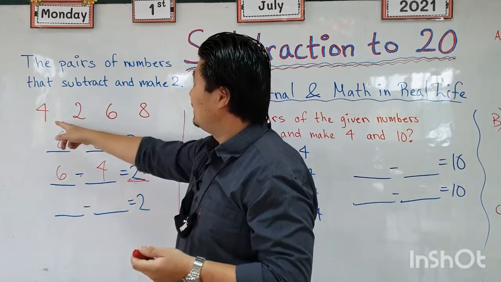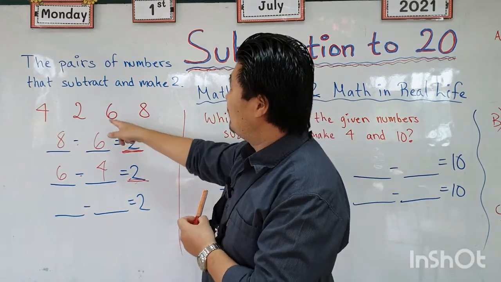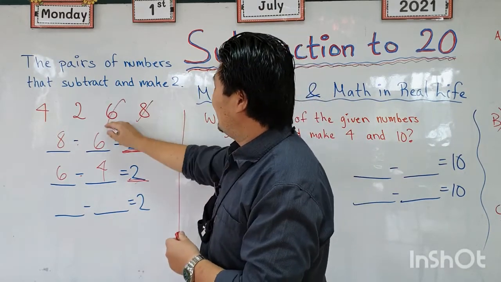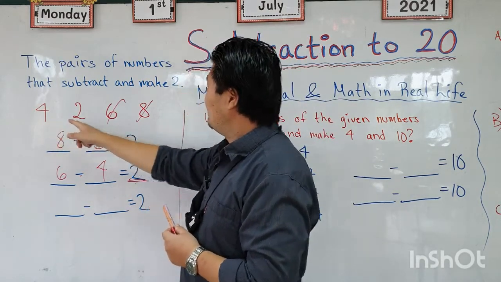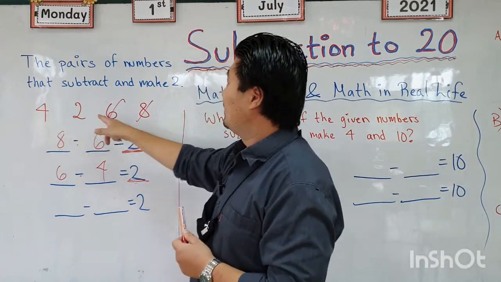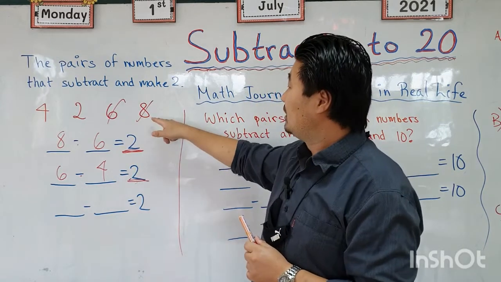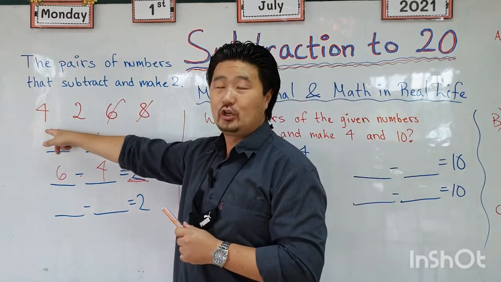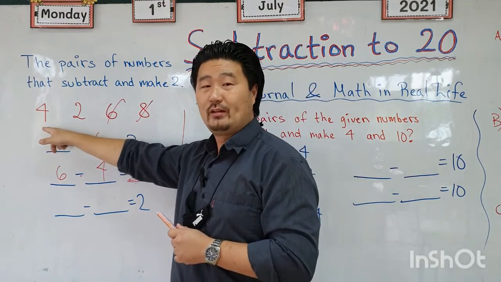Now let's go to number 4. We have already tried 8 and we have tried 6. Okay? Finished. Now we try 4. 4 minus 8 cannot. 4 minus 6 cannot. And I say cannot because 8 is larger, bigger than 4. 6 is also bigger than 4.